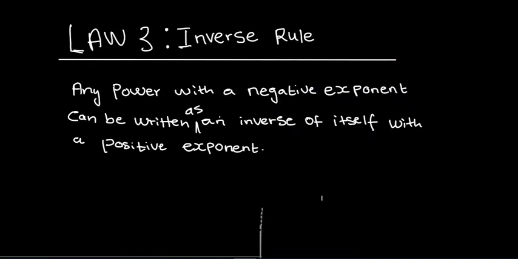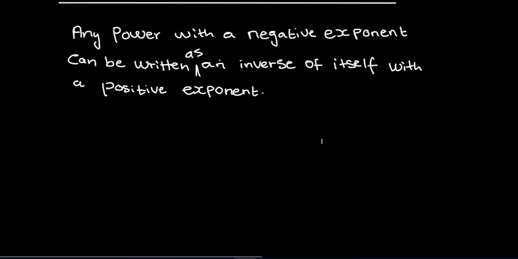Okay, so maybe you might be wondering what these inverses are. For example, if you write the number 2, right, any number can be rewritten as itself over 1. So 2, its inverse will be 1 over 2. Right, so if you have 3, its inverse will be 1 over 3.